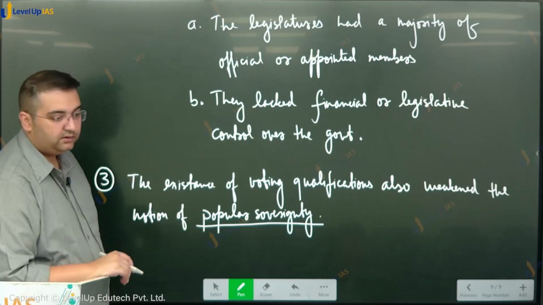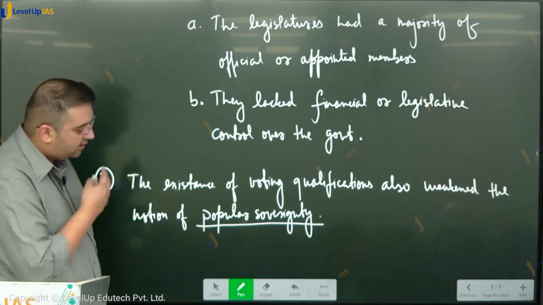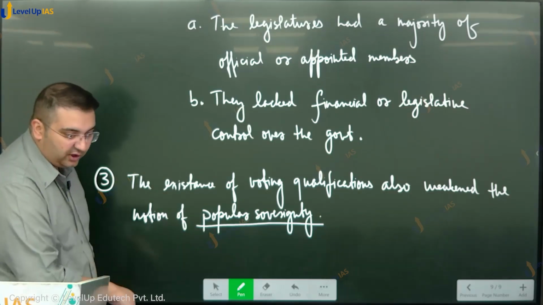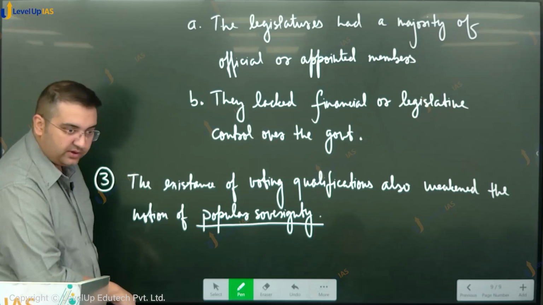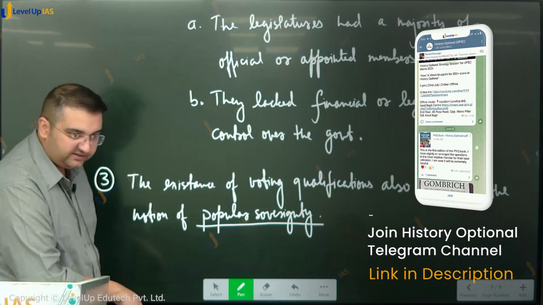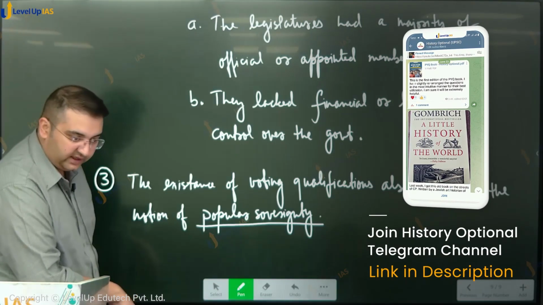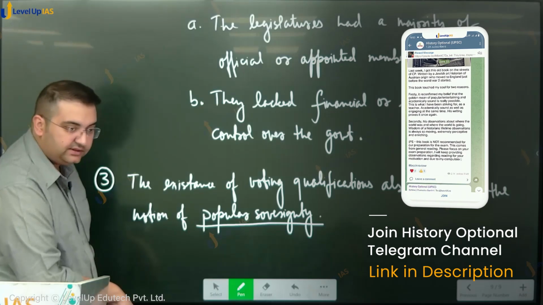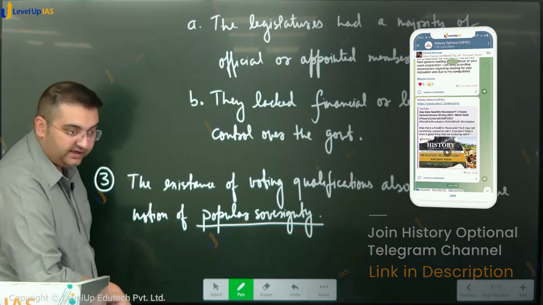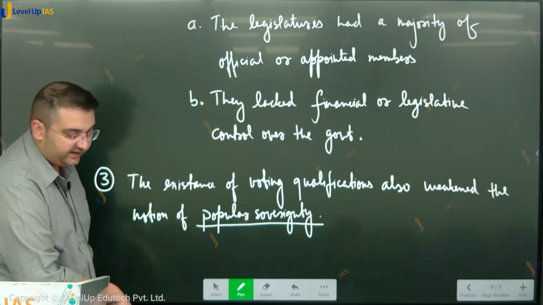ठीक है? So, for the people to be actually sovereign, every individual should have equal rights, or at least every adult should have equal voting rights, and collectively they should exercise their sovereignty by choosing their representatives.